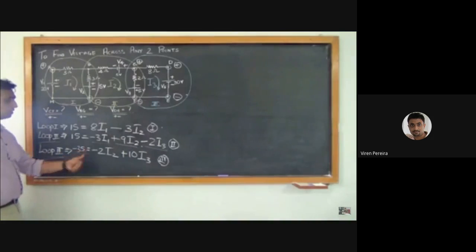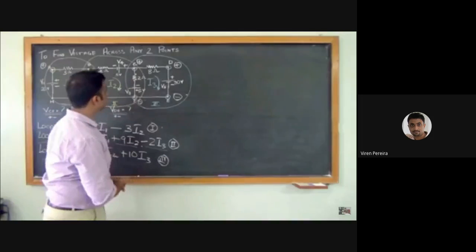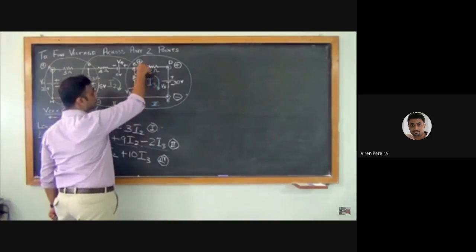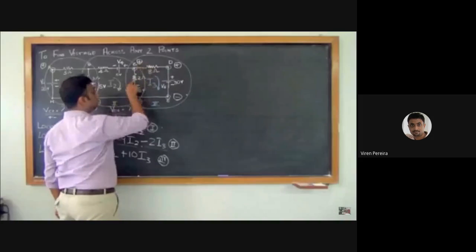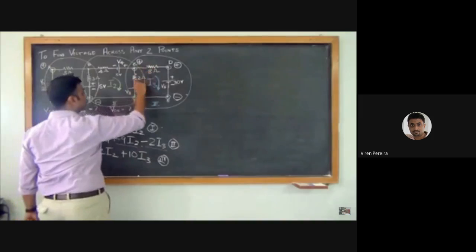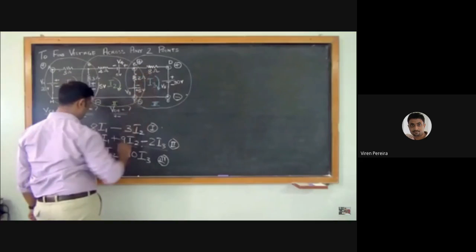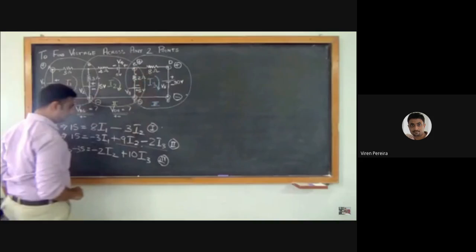So minus 35 equals to, now we have to find the drops. Now we all know I3 is flowing in the 8 ohms and it is even flowing in the 2 ohms. So I add both, 8 plus 2, that is 10 I3.